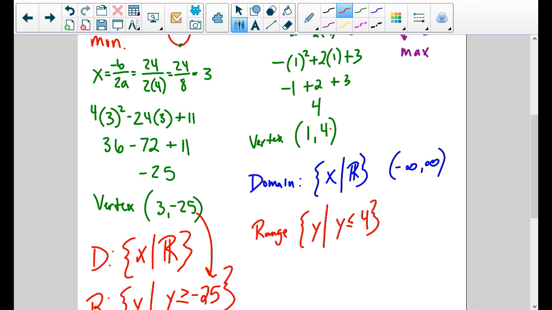Again, interval notation, you can say negative infinity all the way up to 4, and 4 is included, so that bracket. You can use either one of these, I'm fine with it. So really everything was from yesterday except for domain and range. Domain's always all real numbers. Range, it's always greater than the y value of the vertex or less than, based on if it's opening up or down. All right?